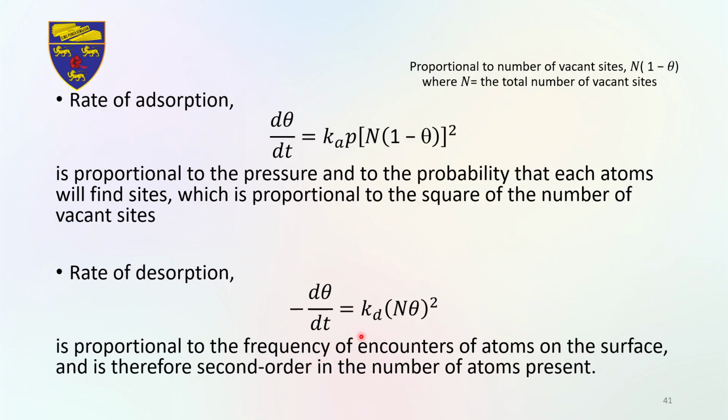So the more atoms you have, which means a higher value of theta here, the more likely they are able to find a partner and leave the surface, which is why we square the occupied site term here. So those are the equations for the rate of adsorption and rate of desorption.